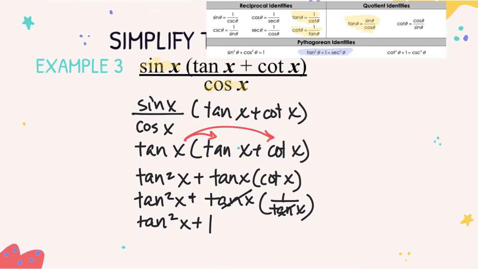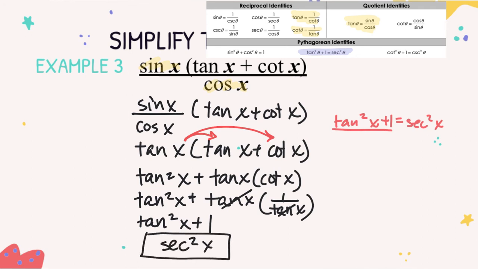So I can use that. Tangent squared x plus 1 equals secant squared x. So I can just replace tangent squared x plus 1 with the secant squared x because they mean exactly the same thing. They're equal.